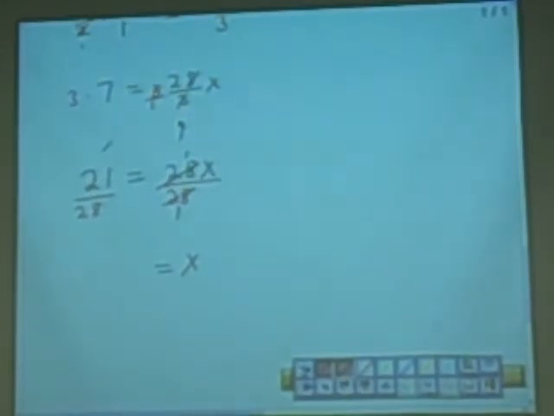Factors of 21 are 3 times 7, and factors of 28 are 4 times 7, right? So in fact we can cancel the 7's, and we end up with 3 over 4.